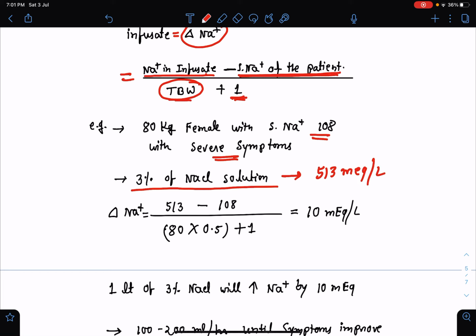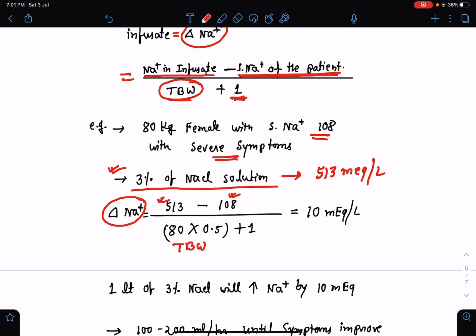Okay, so now if we are using 1 liter of 3% sodium chloride solution, the change of serum sodium will be 513, that is sodium in the infusate, minus patient's sodium, that is 108, divided by total body water.